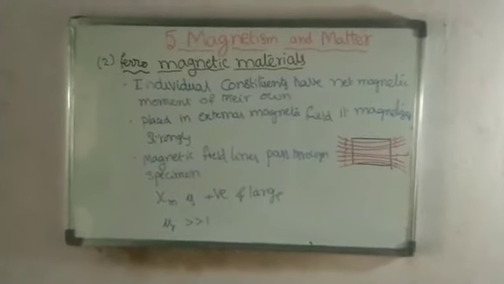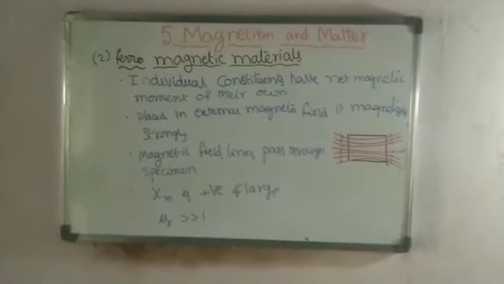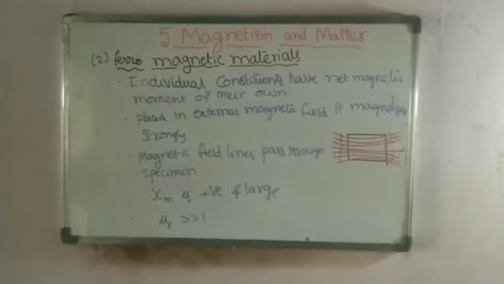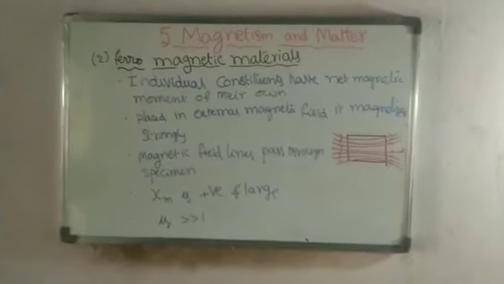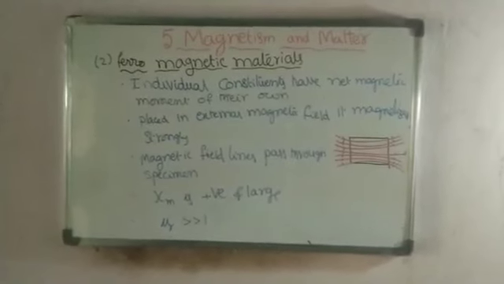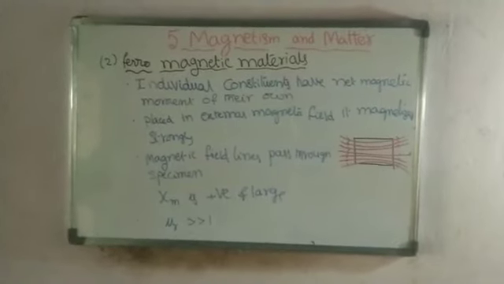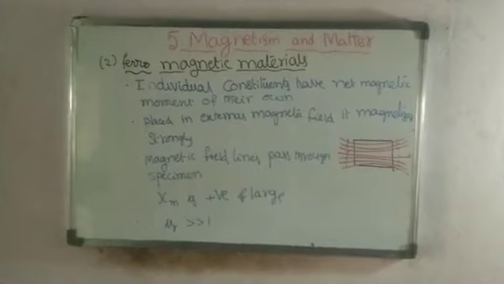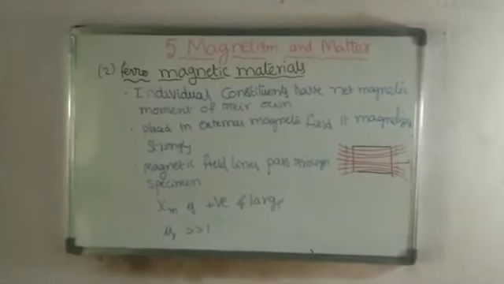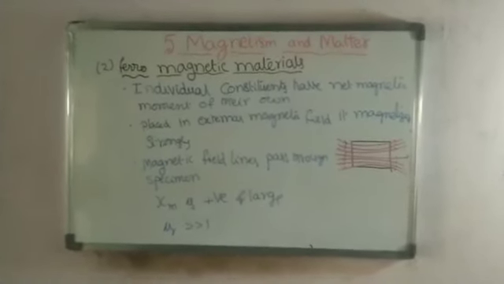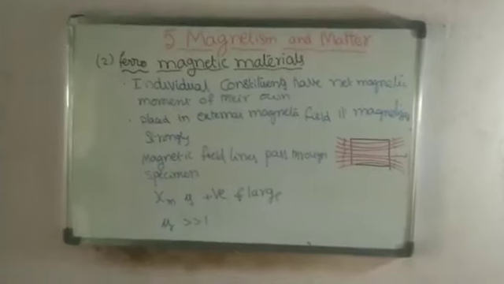Feebly means less magnetism, whereas a ferromagnetic material is magnetized strongly. The third point is, the magnetic field lines pass through that specimen. Why? Because it is a strong magnetic material, so a large number of field lines pass through that specimen.